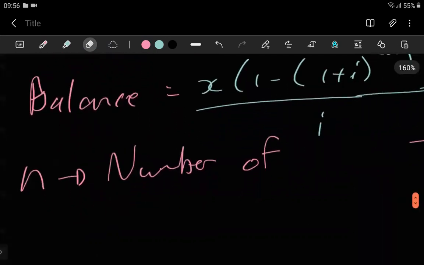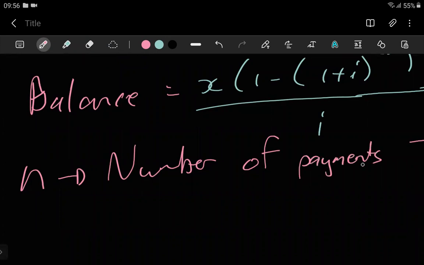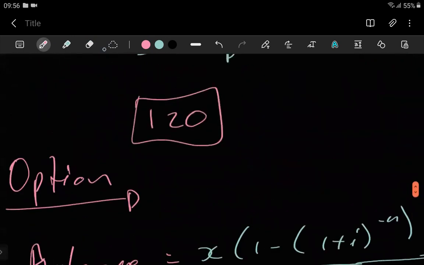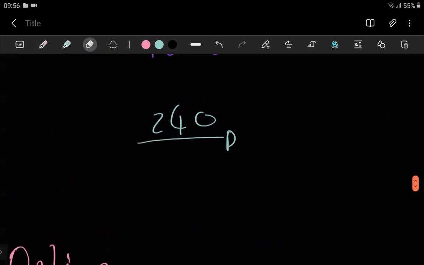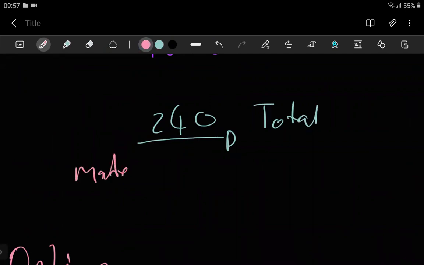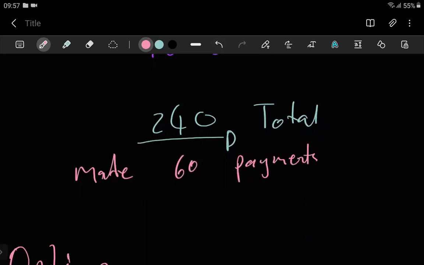So number of payments still to be made. So let me not use 120, because that's like half of this. So let's say you have 240 total payments to make, right? But then say you made 60 payments. 60 payments made.